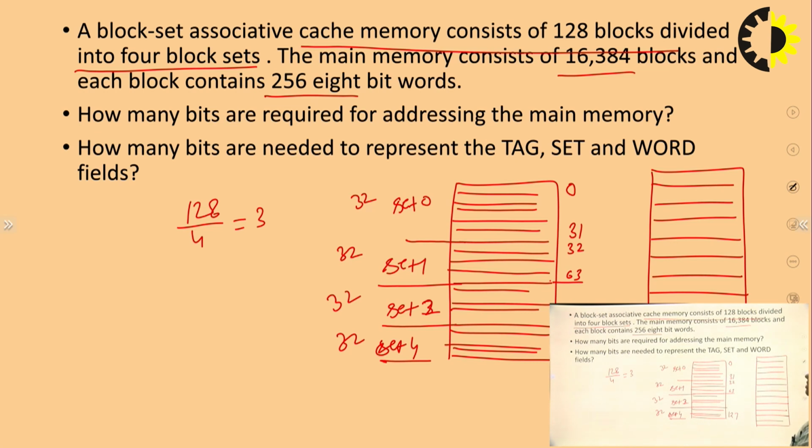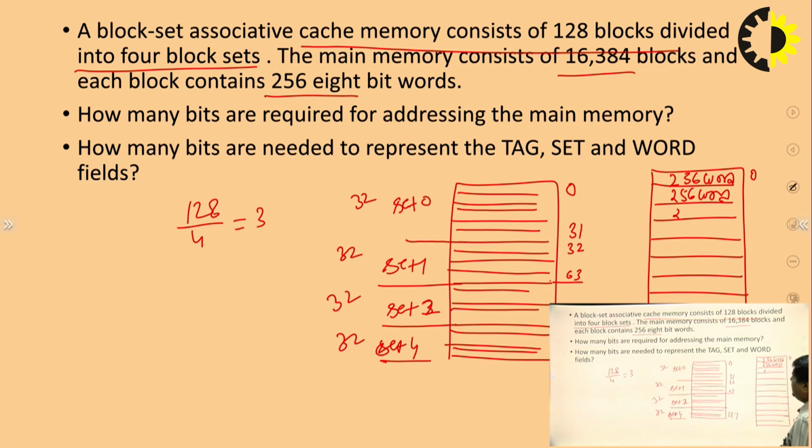This number of blocks, and each block contains 256 words. Here also 256 words are contained in each block, and how many blocks are available? 16383 blocks are available in the main memory.